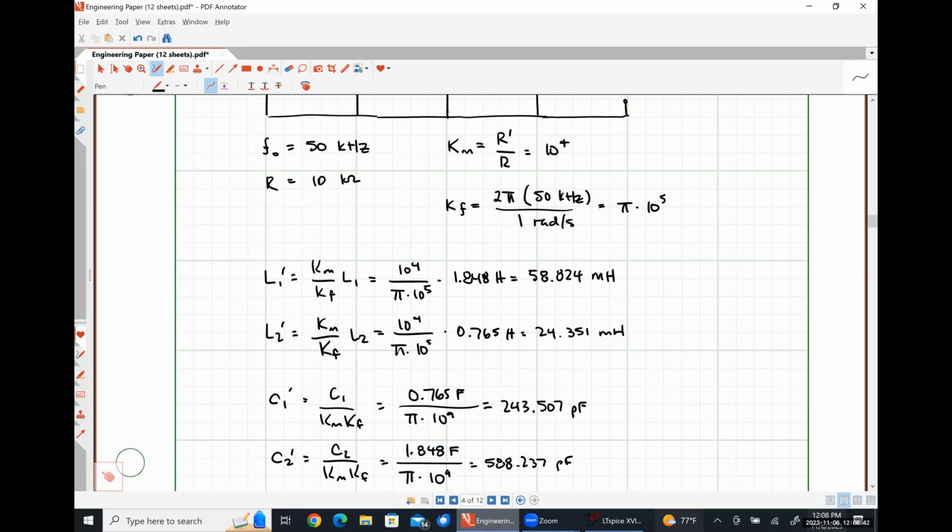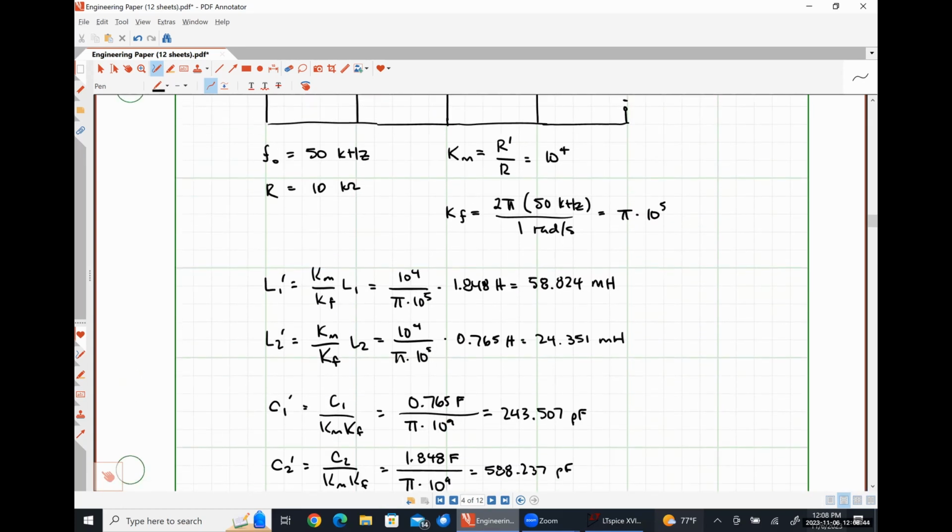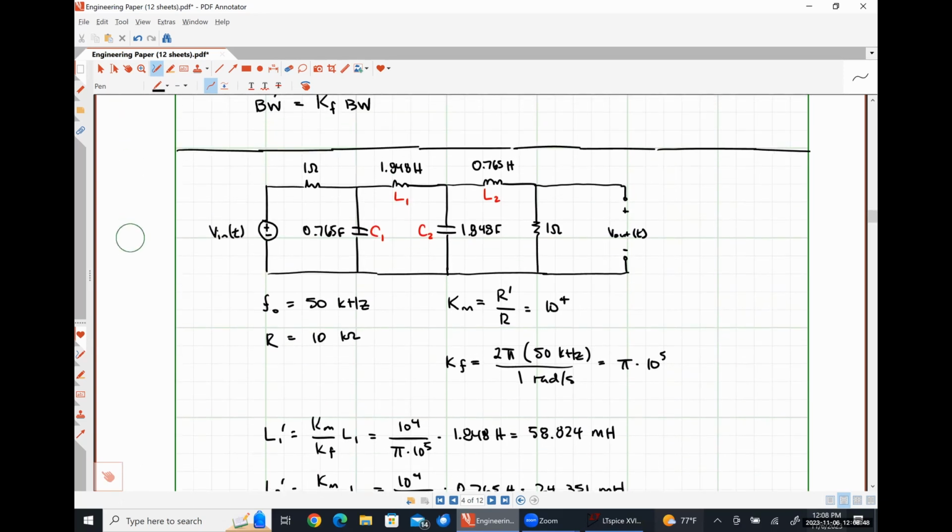So that's how, based on the information that we were given, let me scroll up here to the top, right? We wanted a new resonant frequency of 50 kilohertz. When I told you specifically that this one was designed to have a resonant frequency at 1 radian per second with 1 ohm resistance, we wanted 50 kilohertz using 10 kilo ohm resistors.